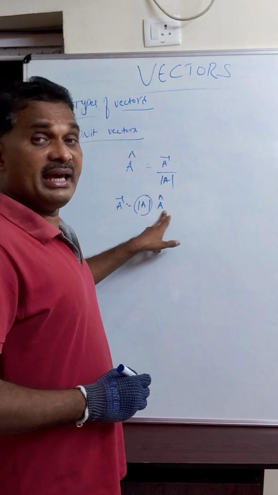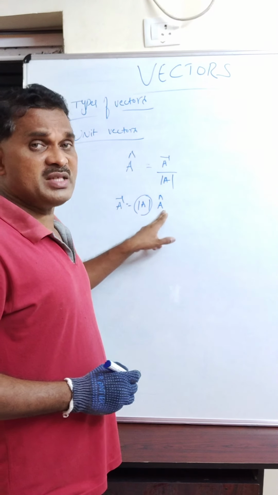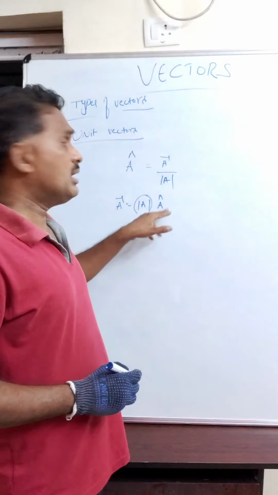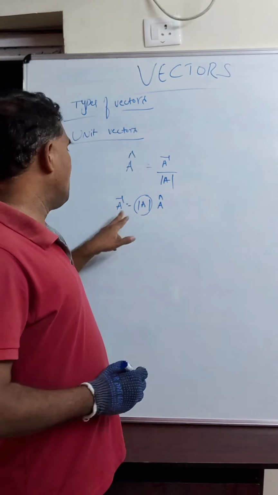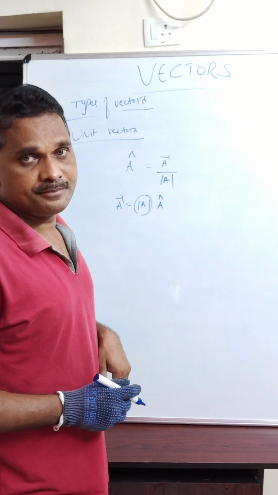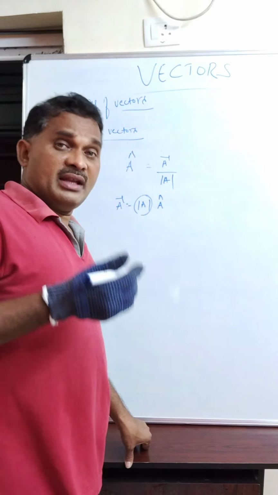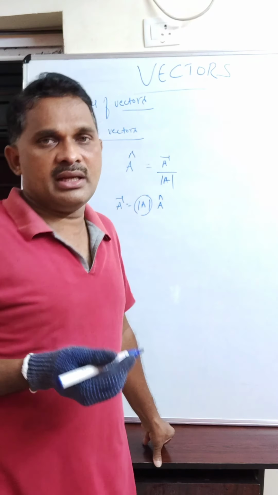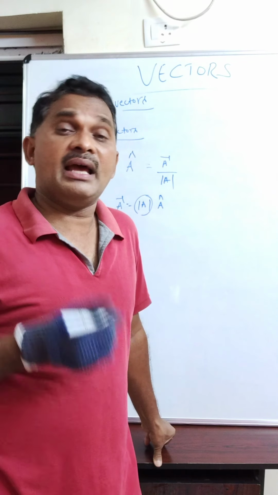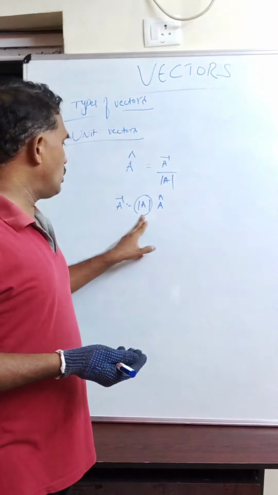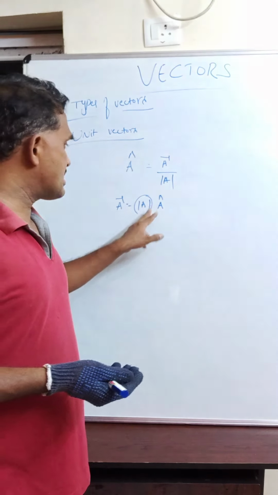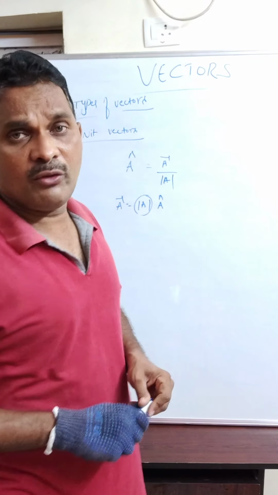A cap means unit vector, magnitude 1 with direction specified. If you multiply direction and magnitude, we get a vector.